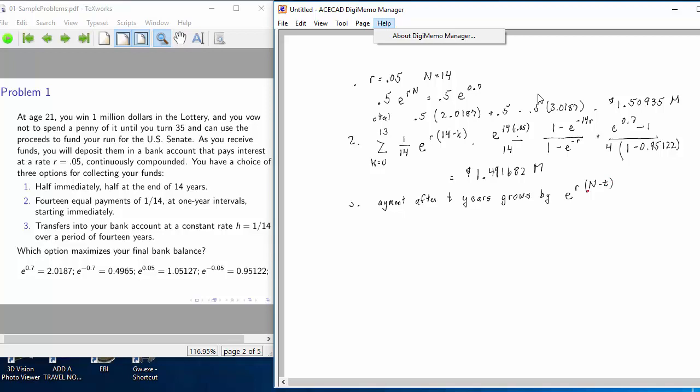If you make the payment after t years, it gets to grow for capital N minus t years, where N is equal to 14.